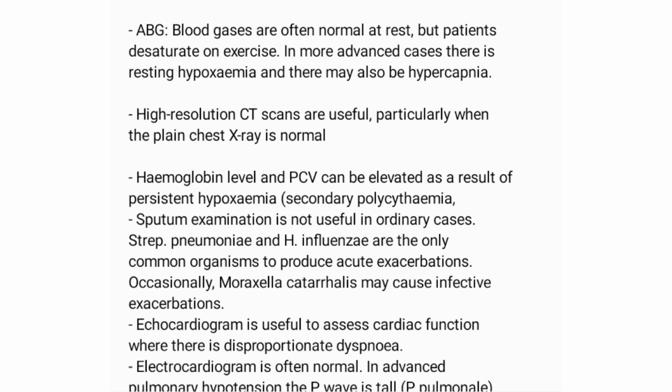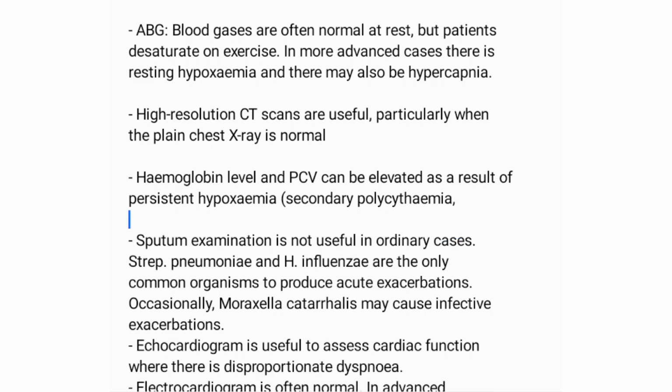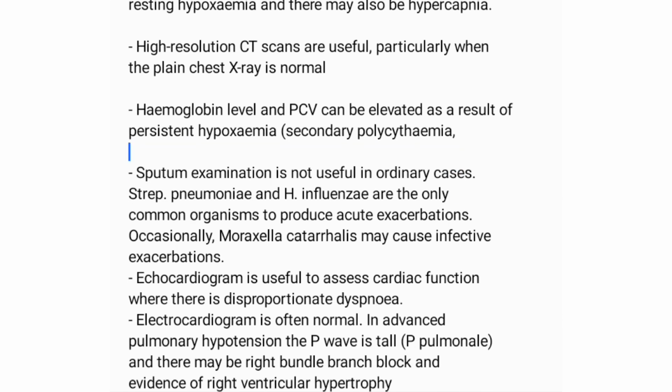Then high resolution CT scans are useful particularly when the chest X-ray is normal. Okay. Then in terms of the FBC, hemoglobin level and PCV can be elevated as a result of persistent hypoxemia, which of course leads to secondary polycythemia.